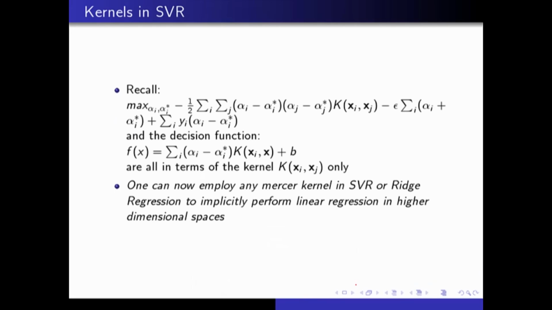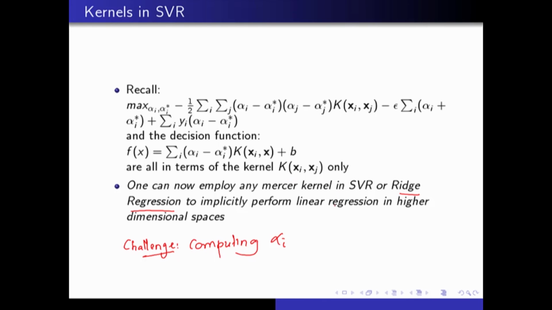So here's a summary. We have this dual optimization problem and a decision function all in terms of the kernel. One can now employ any Mercer kernel in SVR or ridge regression to implicitly perform linear regression in higher dimensional spaces. The challenge, of course, is computing alpha i's. For ridge regression, the alpha i's have a closed form expression, assuming that the phi's can be enumerated.